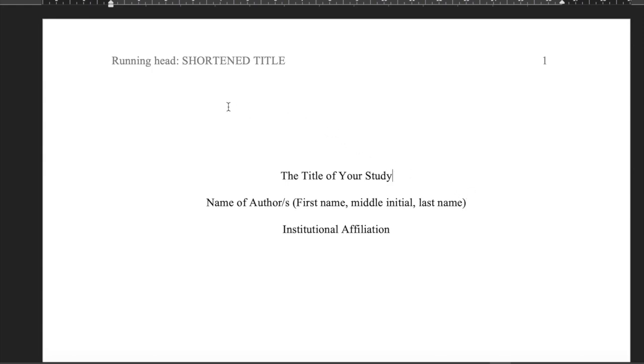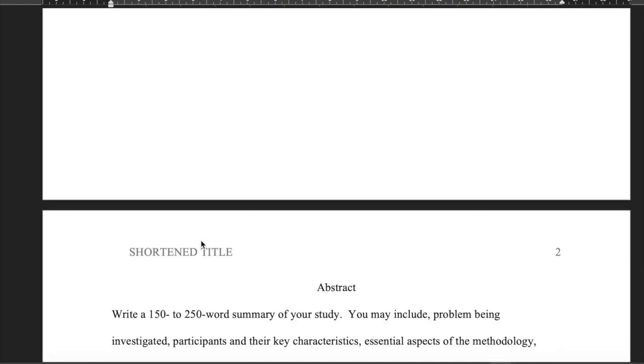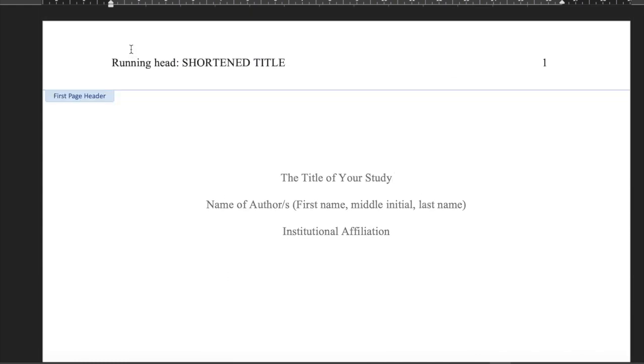And then for your running head, one of the things that you will notice is that how the running head looks in the first page is different from how the running head looks in the second page. So for the first page, you have here the words "Running head," where the first letter of the word "Running" is capitalized and "head" is not capitalized, followed by a colon, and then your shortened title.